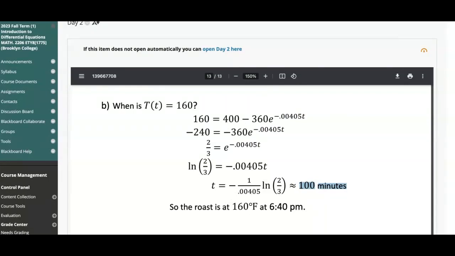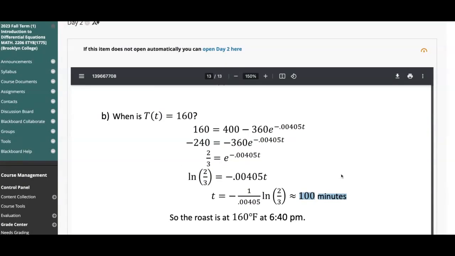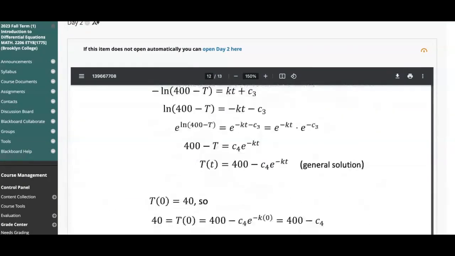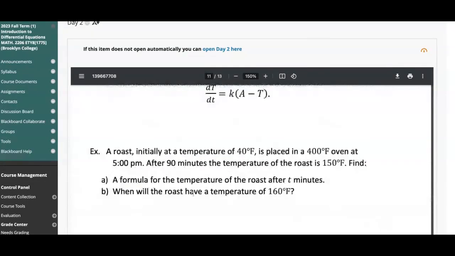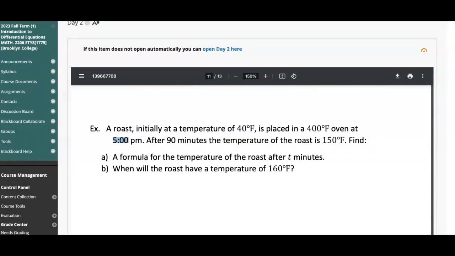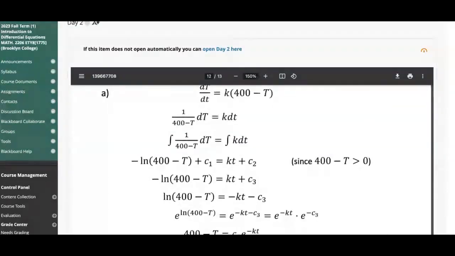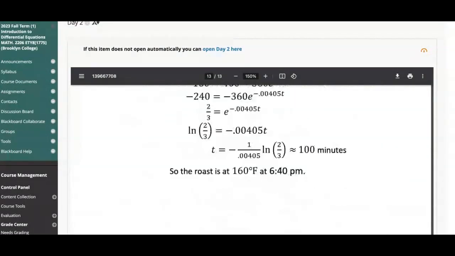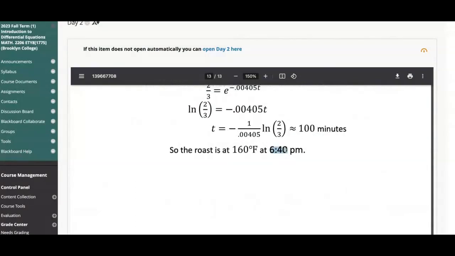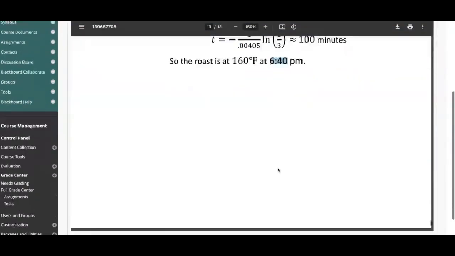Going back to the time, because we started at 5 p.m., 100 minutes is 1 hour 40 minutes, so that ends up 6:40 p.m.